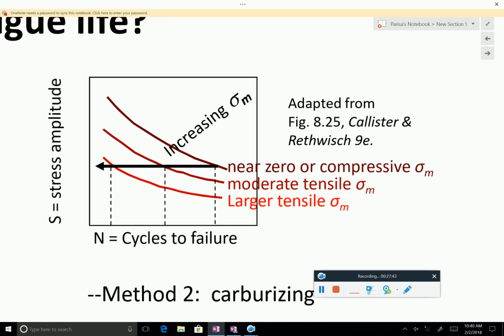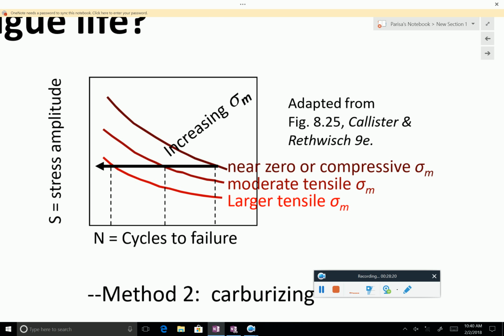If the mean stress is more tensile, everything gets worse. I told you why last time, because it's much easier to grow a crack when you have tensile stress. Why I say it is worse, look at the safe region. The safe region is under the curve, so it's very small. As the mean stress goes towards compressive stress, you see that the safe area is increasing.